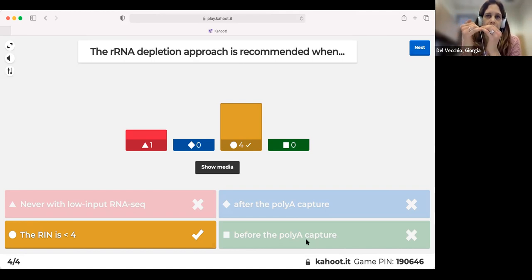Below 6, the poly-A approach starts to have some issues; you can have a 3' enrichment in your reads. But when your RIN number is below 4, you don't have any other option than to try the ribosomal RNA depletion approach.